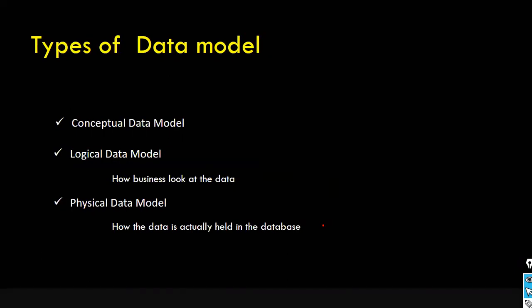The next thing is we'll take a look at the types of data model. We have three types of data modeling. Data model phases. In the software development life cycle, SDLC, if you work in any software project, the typical software development life cycle starts with the requirements phase, and then you have the high level design and the low level design phase.